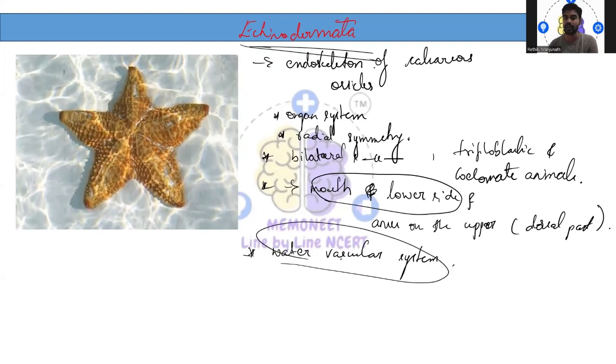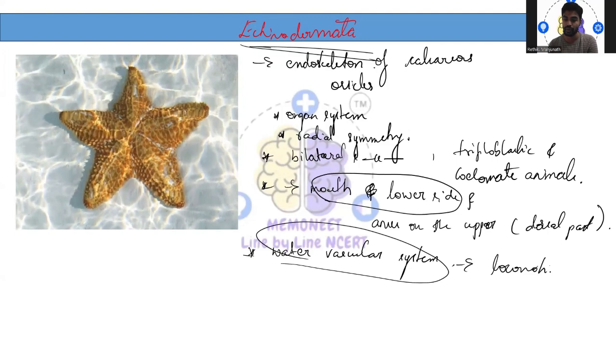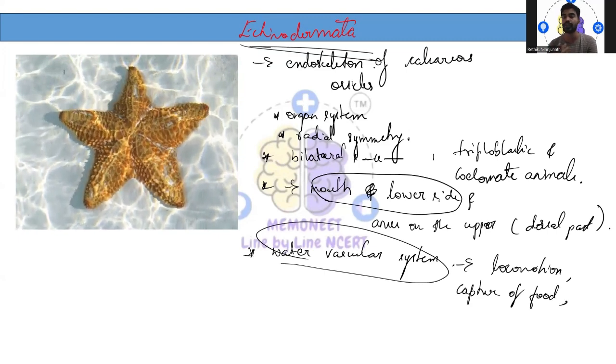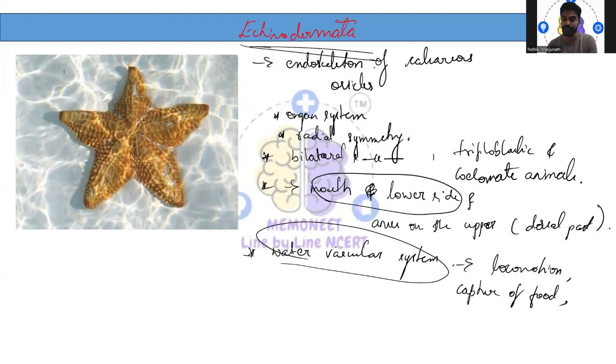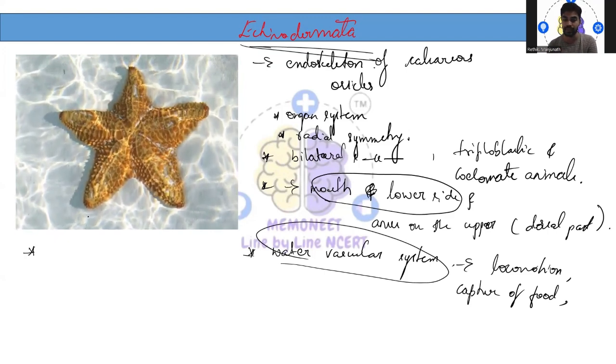It helps in water intake and extake, and also in locomotion, and capture of food, that is prey. As I told you, transport of food as well as respiration is taken care of by the water vascular system. The excretory system is absent here.